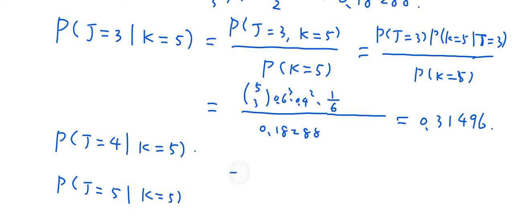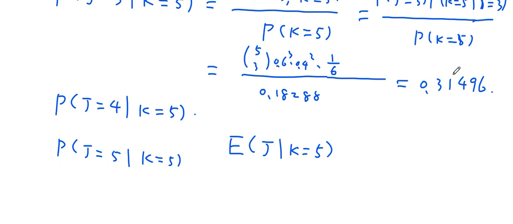Then the expectation for j when k equals 5 is just j equals 3 multiplied by this probability, plus j equals 4 multiplied by its probability, plus j equals 5 multiplied by its probability.